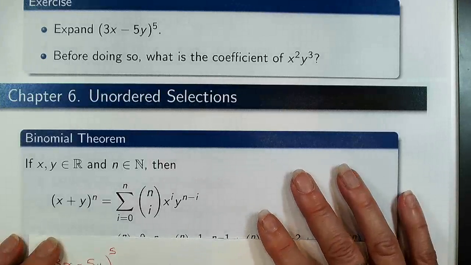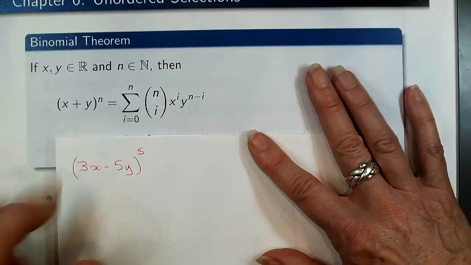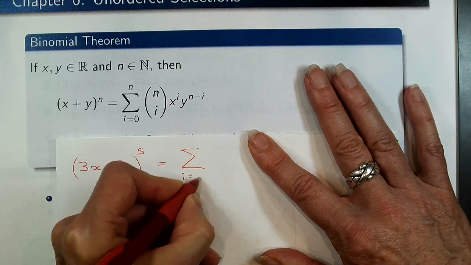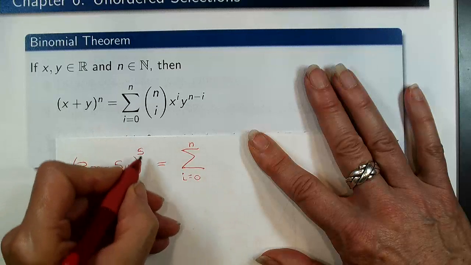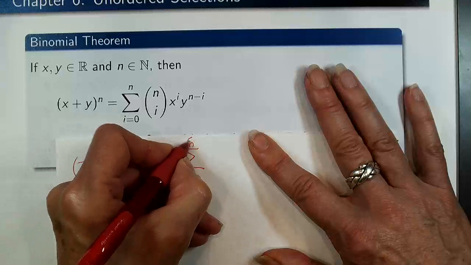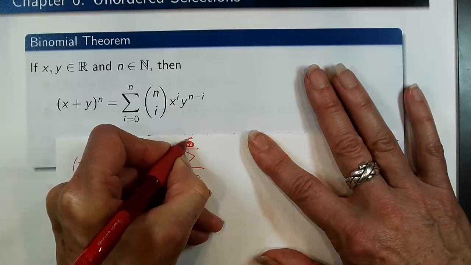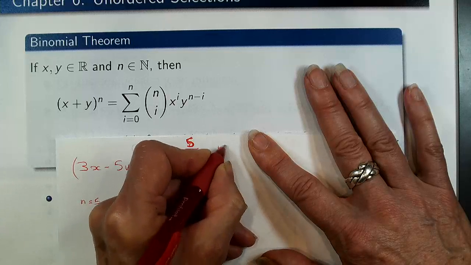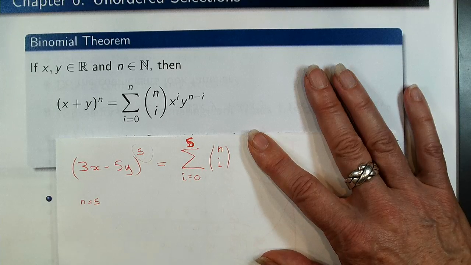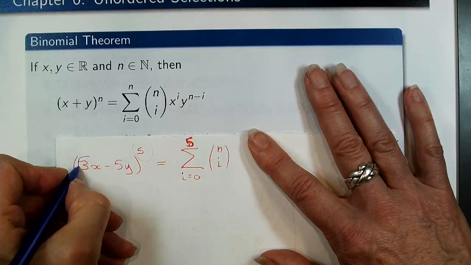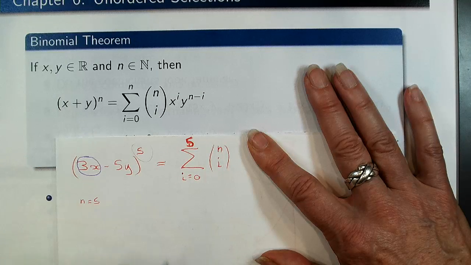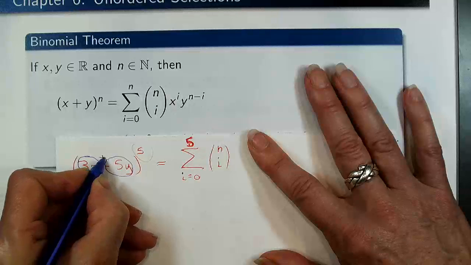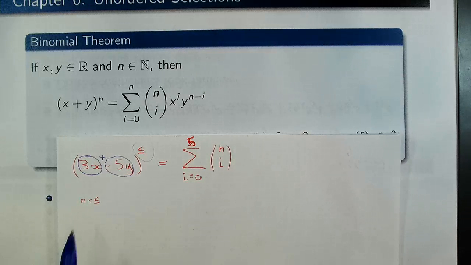And the binomial theorem says that this is equal to the sum from i equals 0 to n, where n is 5, of n choose i. Now, it's not x plus y here, it's 3x plus minus 5y, so it's a little more complicated.